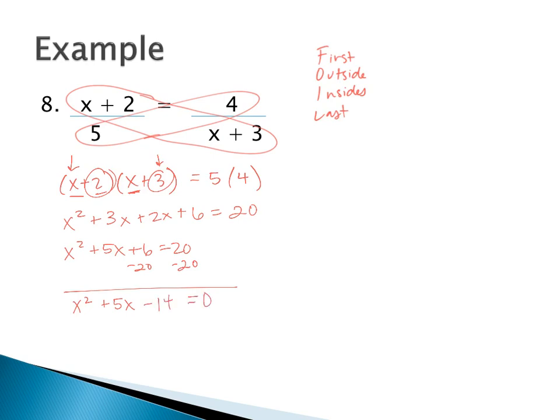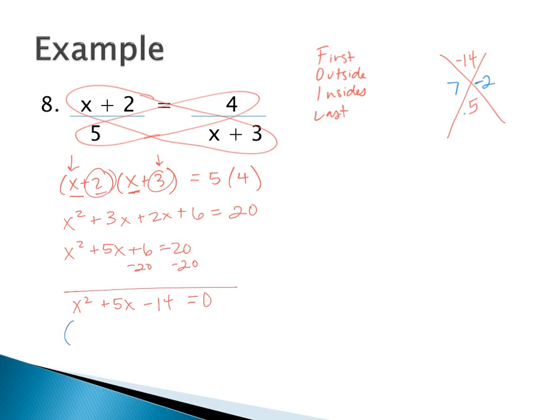And now is where you think about factoring, where you have to think of two numbers that multiply to be negative 14 and add to be 5. So I'm thinking of 7 and 2 because I know 7 and 2 multiply to be 14, but I could subtract them to get 5. I think I would need a negative 2 in that case. Let's try it. 7 times negative 2, yeah, that would be negative 14. And 7 plus negative 2 would be positive 5.